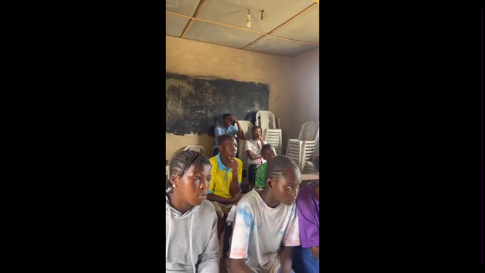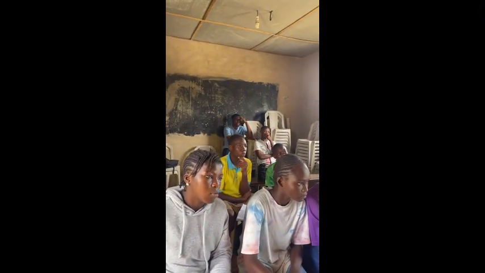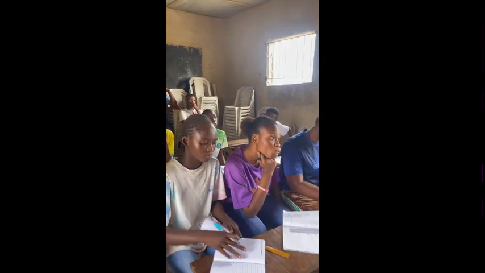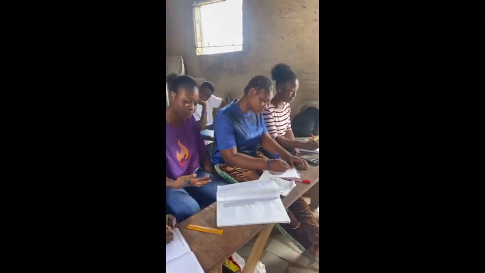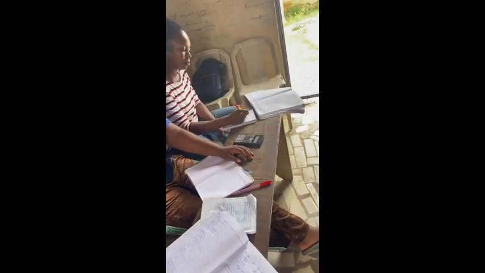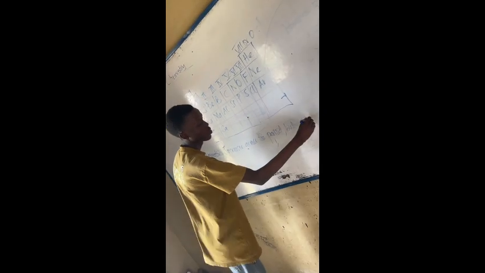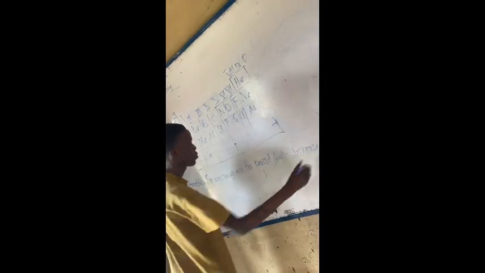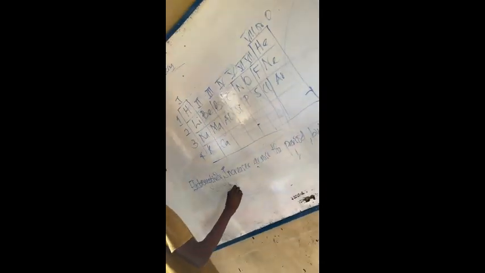So just write: electronegativity increases across the period, but decreases down the group.